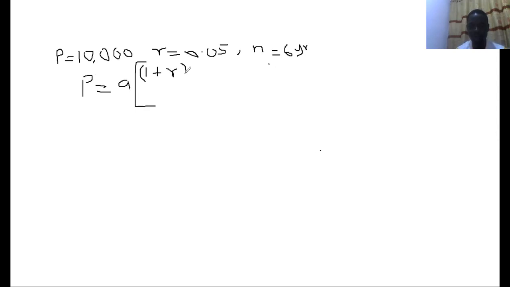So 1 plus R raised to N, all minus 1, over R, and then into brackets 1 plus R all raised to N. So this is a formula you need to quote. Also use what has been provided in the slides.